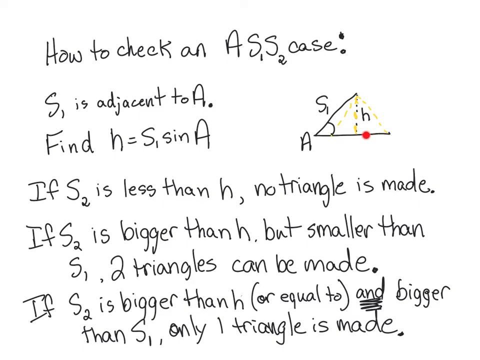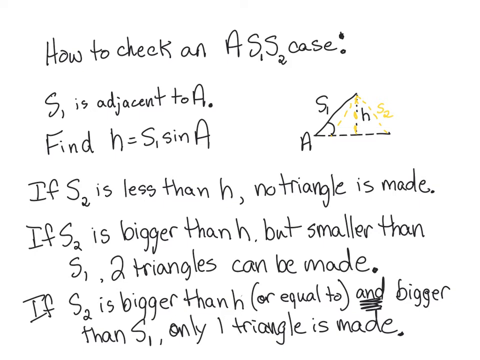So here's the deal. We have side 1 and we have side 2, but we don't know the length of this side, right? Let me make that dotted. Okay, so we know side 1, we know side 2, and we know angle A, which is opposite of side 2.